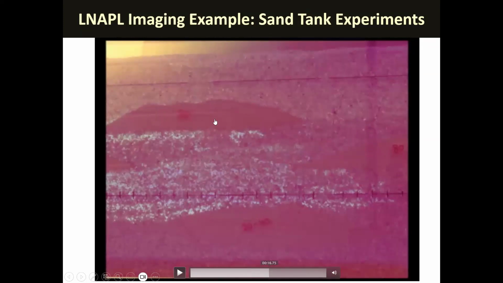The reason is that this material had been pre-wet with water, and it doesn't release that water quickly. So these lenses remain saturated with water, and the contaminant has a hard time penetrating those pores that are already filled with water.